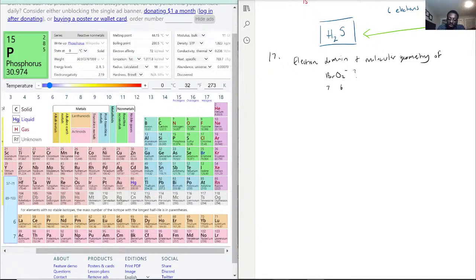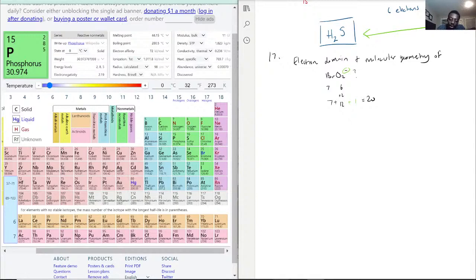But there are 2 of them, so 6 times 2 is 12. The minus is going to be 1 more electron. So 7 plus 12 is 19, plus 1 equals 20. You want 20 electrons in total.